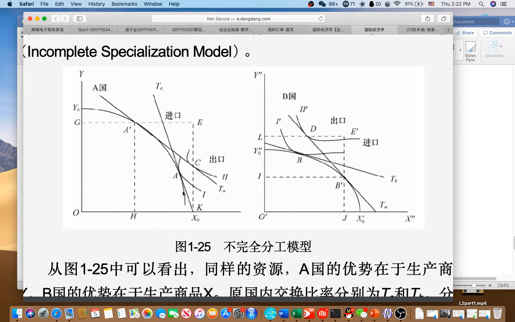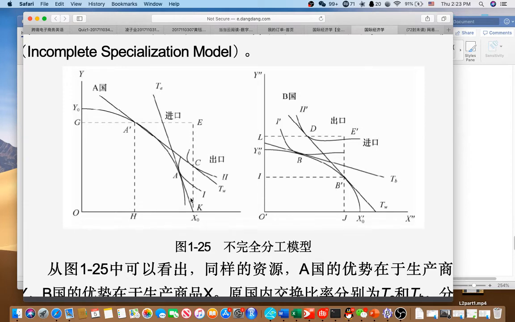Country A before trade: its indifference curve is this one. It intercepts the PPF at point A. The slope is the relative price, which is steeper, and is the Px over Py.